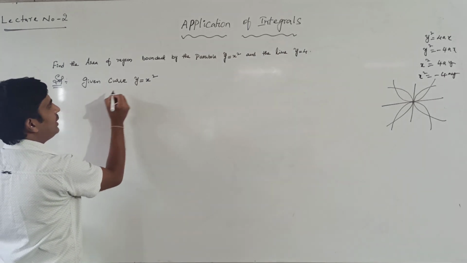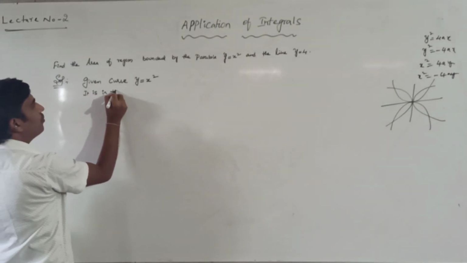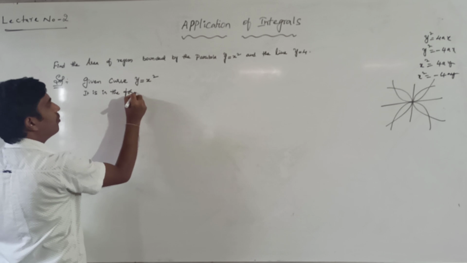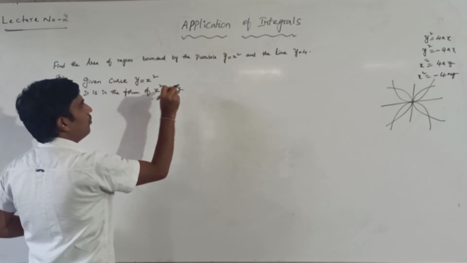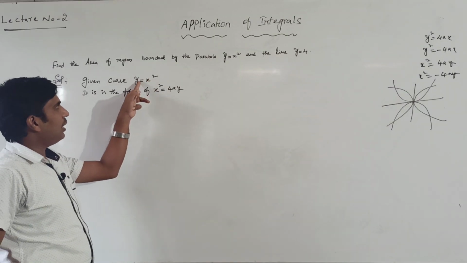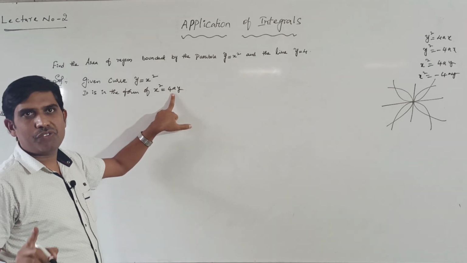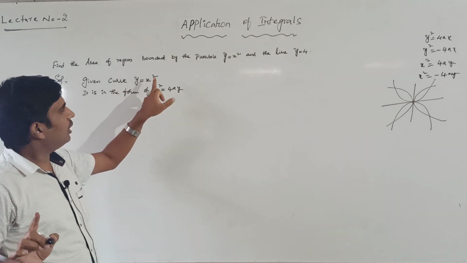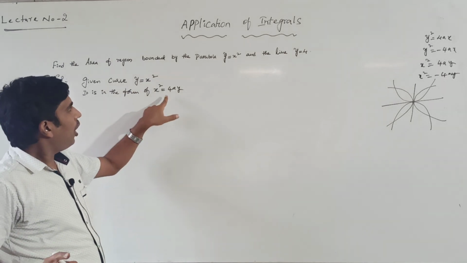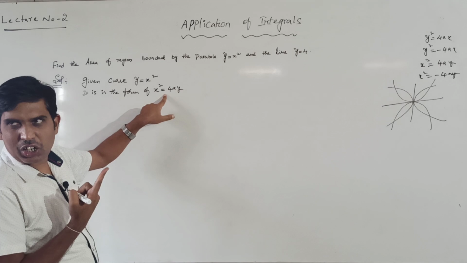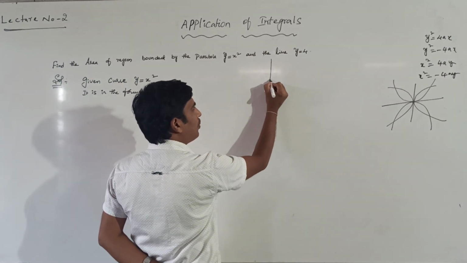It is in the form of x square equals 4ay. What is the 4a value here? 1. Just this observation is needed to draw the graph. x square equals 4ay graph is nothing but an upward parabola. So now observe the figure.